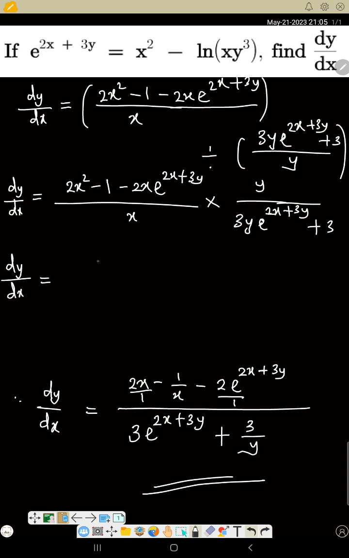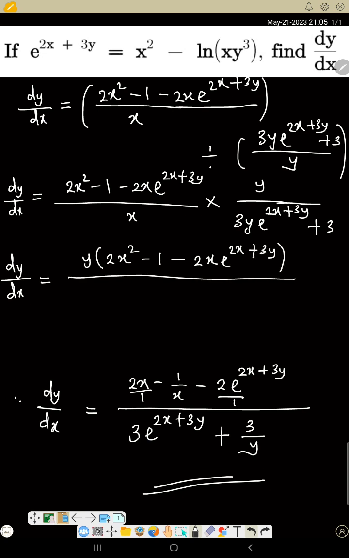So now this will be dy over ds equal to y bracket 2x squared minus 1 minus 2x e raised to power 2x plus 3y, divided by x bracket 3y e raised to power 2x plus 3y plus 3.